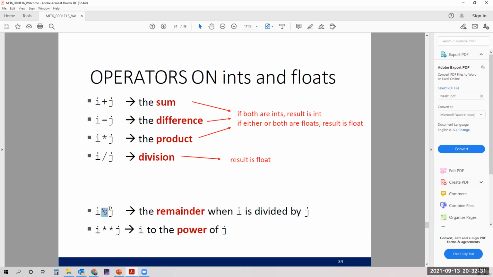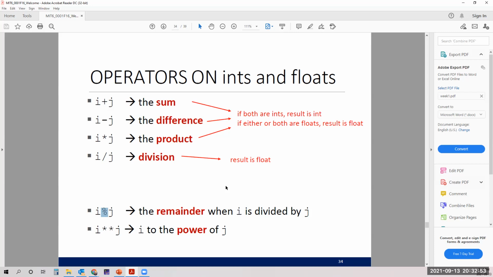Who can tell me what this is? It's the same in C++ and Java. It's mod, the modulus. So I mod j gives the remainder when I is divided by j.